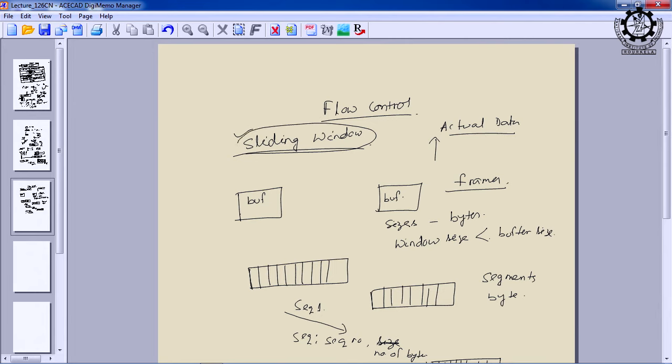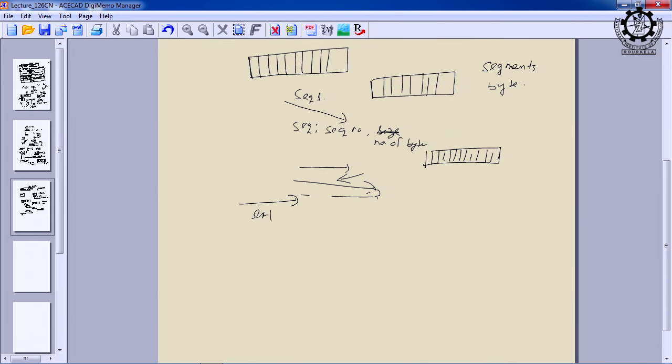That is what your window size is, a sliding window, and as we have studied, your window expands in this direction, I mean sorry, it shrinks in this direction and expands in this direction. So, if this is the window, as it goes on sending the data, your number of segments is reduced, and as it receives the acknowledgement, your expansion goes in this direction, right.